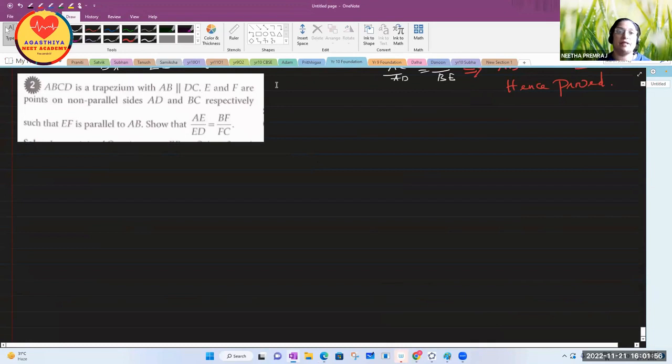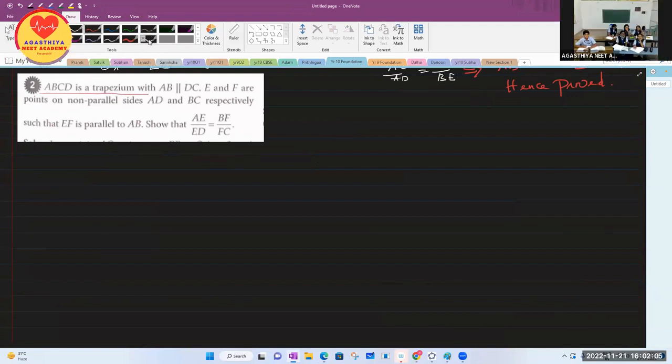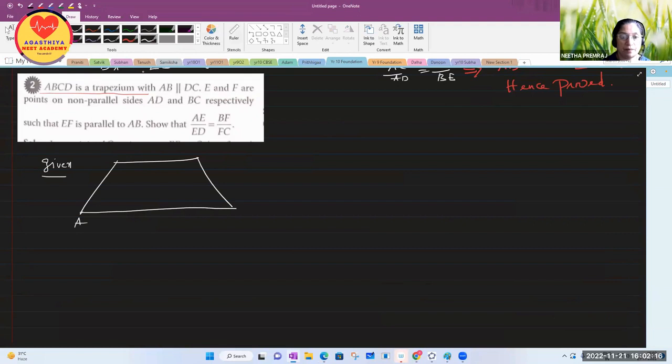Okay, see what is given in the sum. ABCD is a trapezium. Immediately draw a trapezium. ABCD is a trapezium with AB parallel to CD, so these two are parallel.